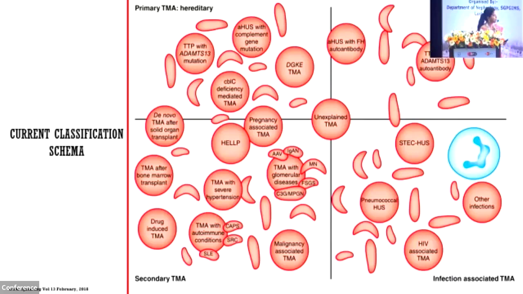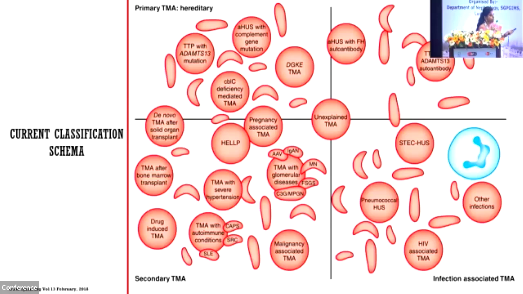Now, if you look at this pictogram, the previous speaker has already told you about the classification. I'll just take you through some pertinent points. Currently, it's classified as primary and secondary. Primary is again classified as hereditary and acquired. Okay, so hereditary are all the TMAs that have a genetic mutation.